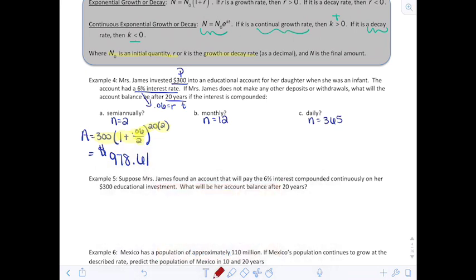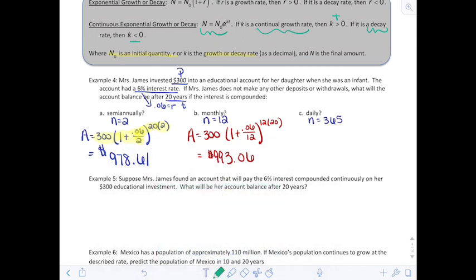Okay, now we're going to look at monthly. So A will equal 300 initial, 1 plus 6% divided by 12, raised to the 12 times 20 power, and that amount will give us $993.06.